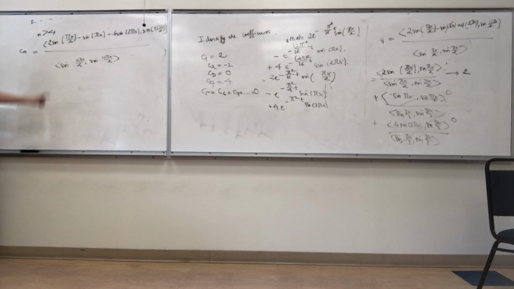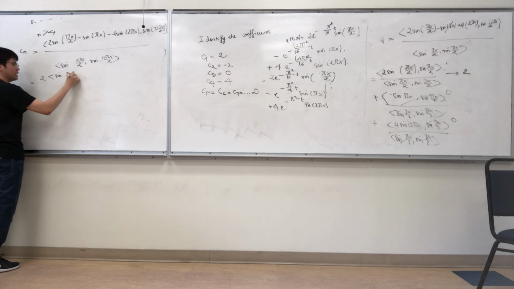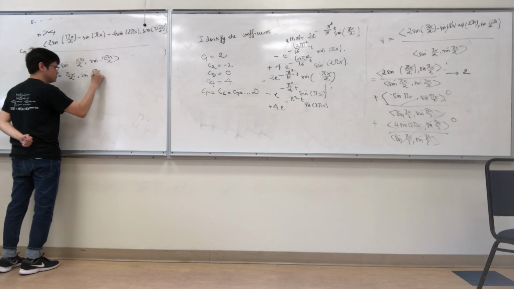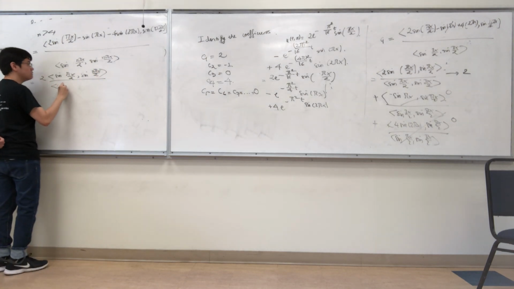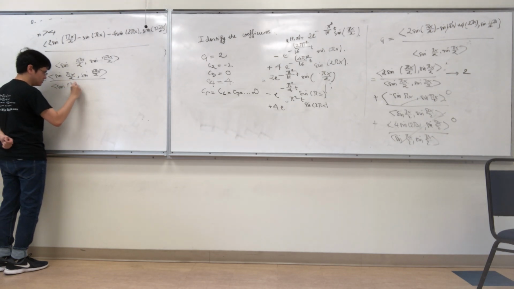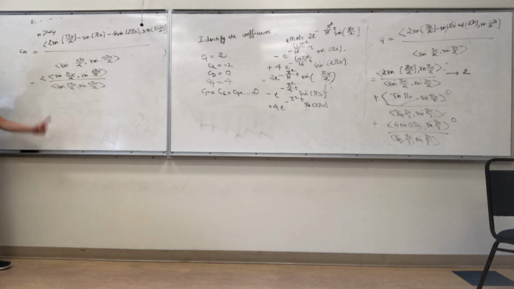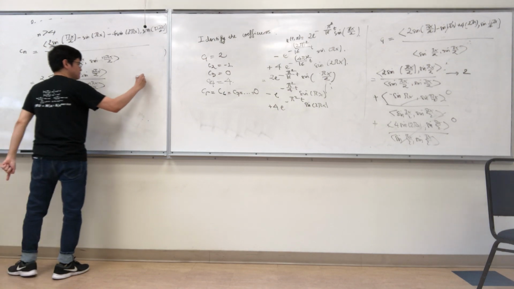This is Cn. But the value is 0 because they're all orthogonal. So this can be computed as 2 times sinus of pi x over 2 sinus of n pi x over 2, dividing by sinus of n pi x over 2 sinus of n pi x over 2. This guy is 0 because this is orthogonal with this one.